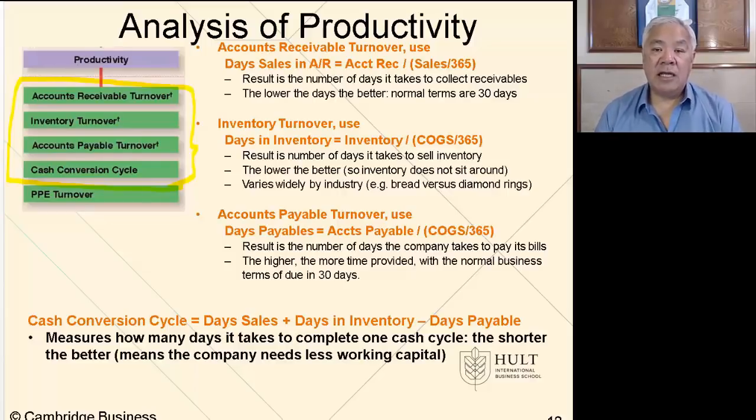So the first they call accounts receivable turnover, but the proper measure when we're getting to an analysis of CCC, or cash conversion cycle, is days sales in accounts receivable. That ratio is derived by accounts receivable divided by the daily sales, which is total sales divided by 365. The result of this calculation is very easy to interpret. Sounds confusing, but it's easy. It basically says how many days does it take you to collect your receivables.